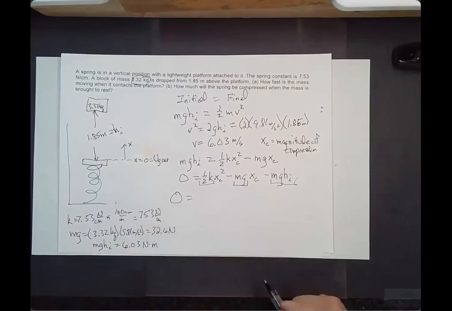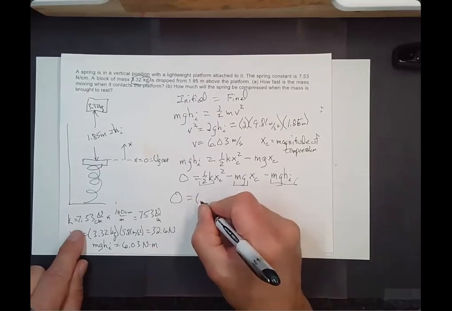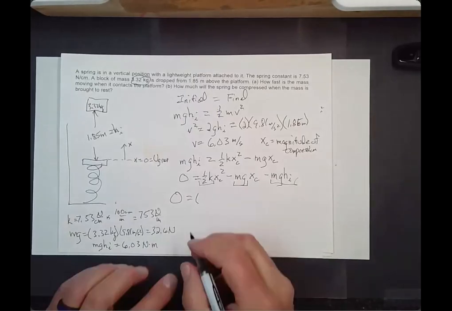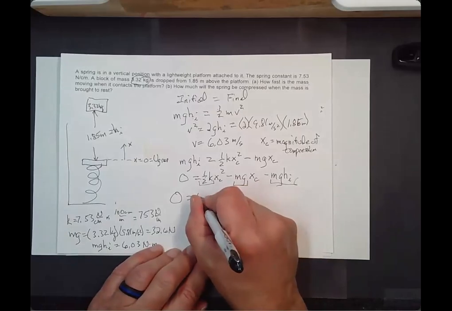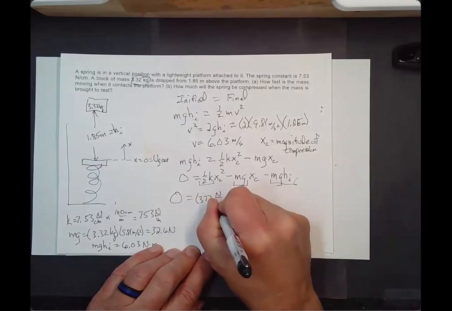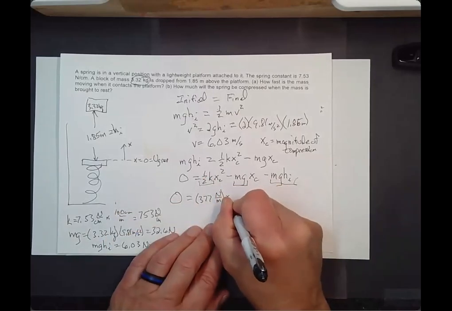Okay, this is going to be a little bit scary here, but here's what we'll have. I'll have 1/2 k, so I need to take that 753 and divide by 2. And I get about 377 newtons per meter times x sub c squared.